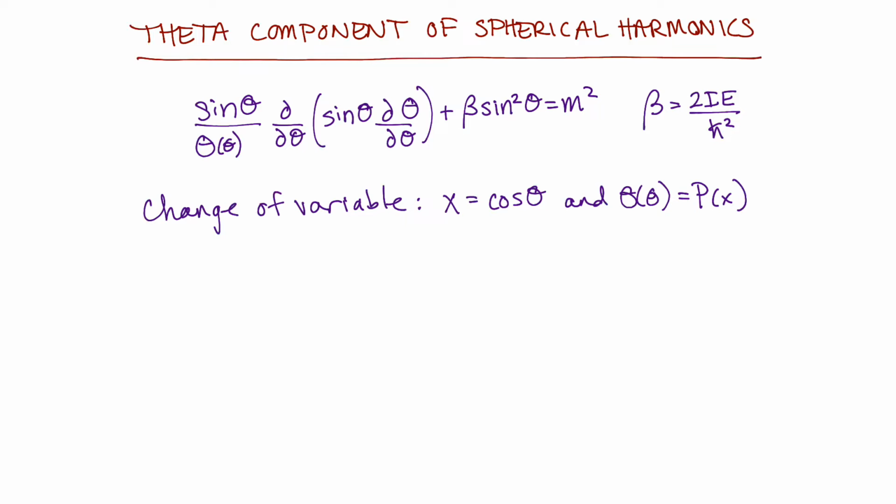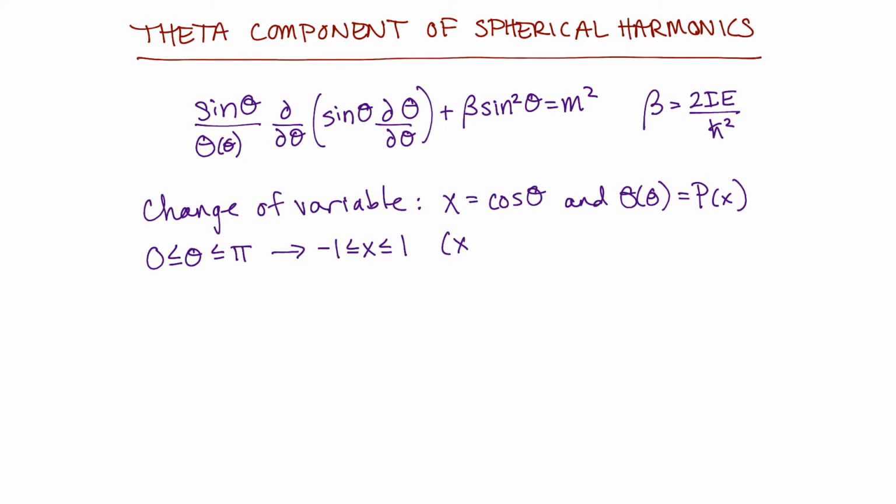A couple of things to keep in mind here is that the limits on theta go from 0 to pi, which means that the limits on our new x variable after our change of variable are going to be from -1 to 1.